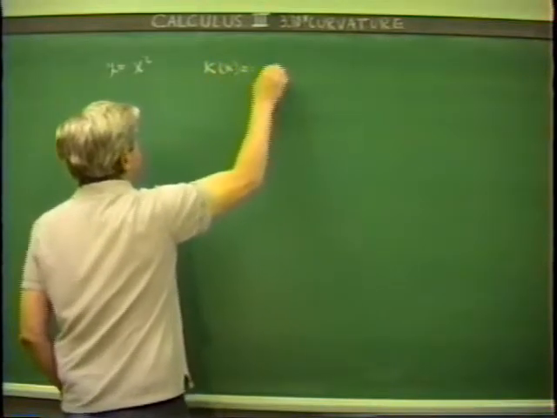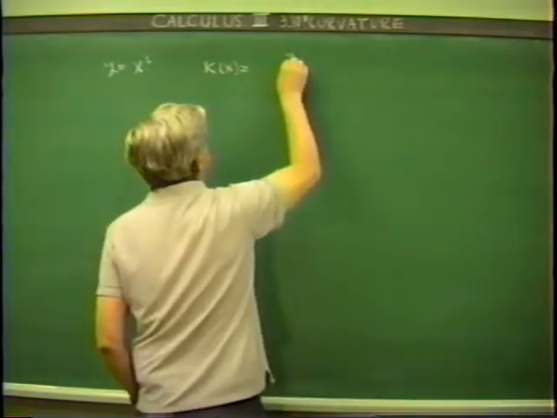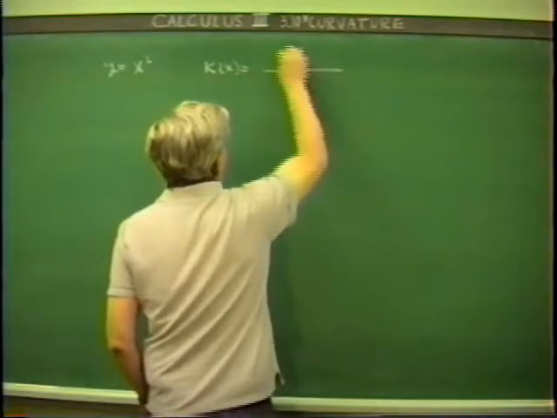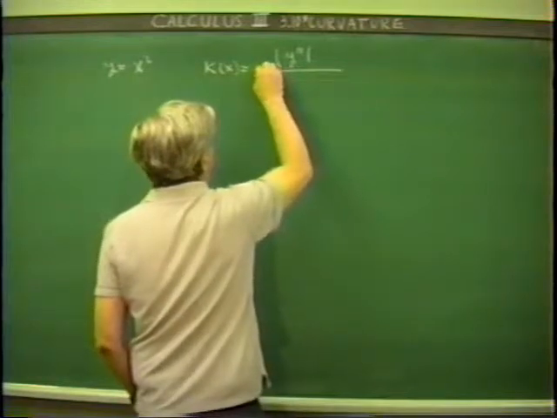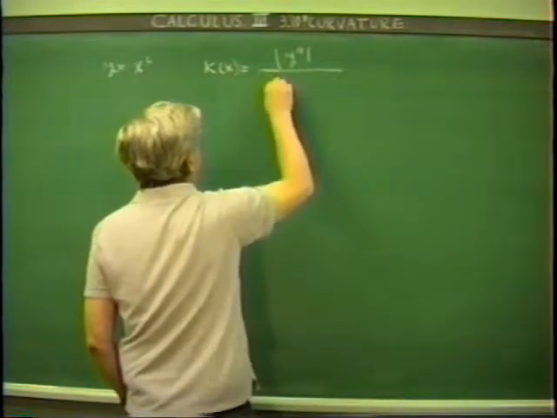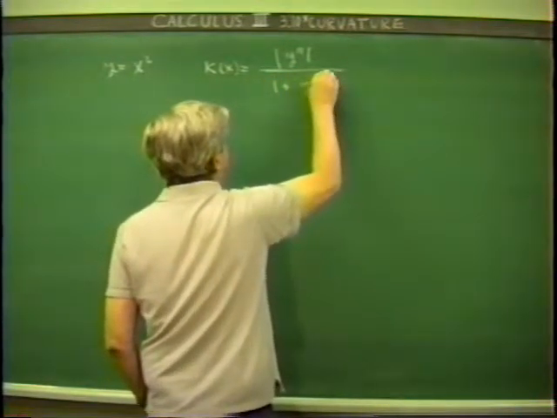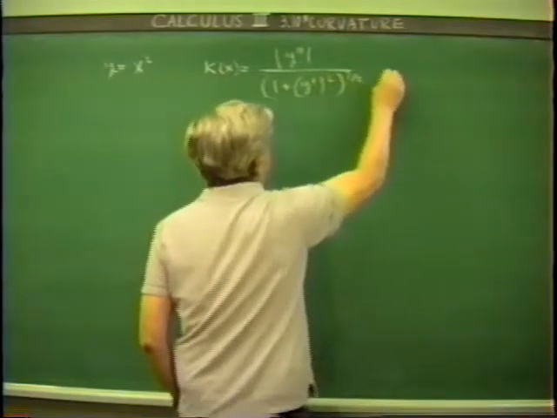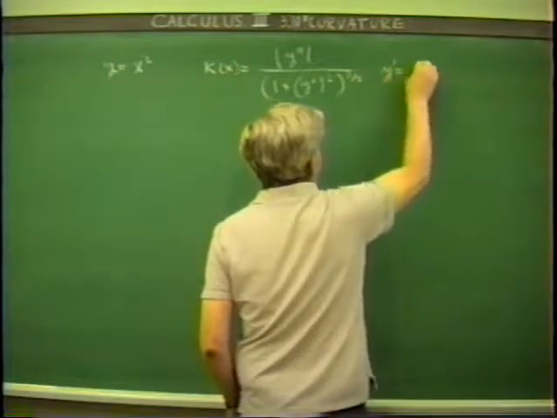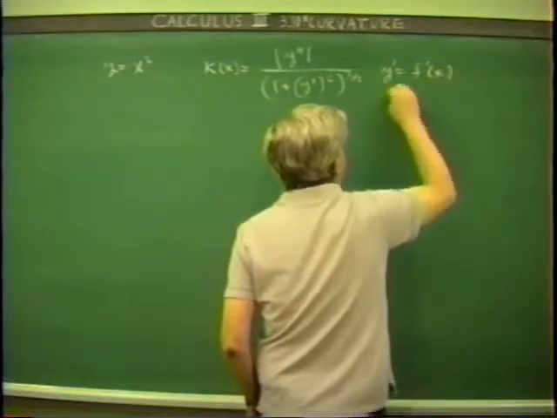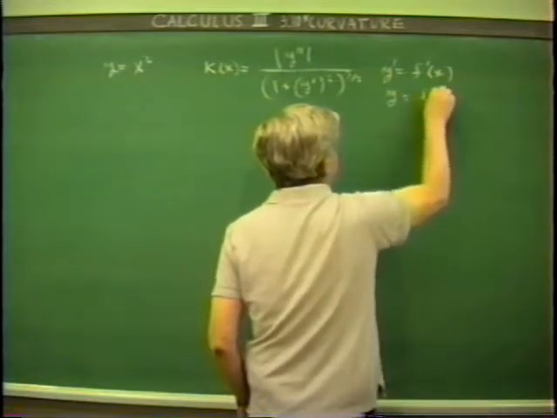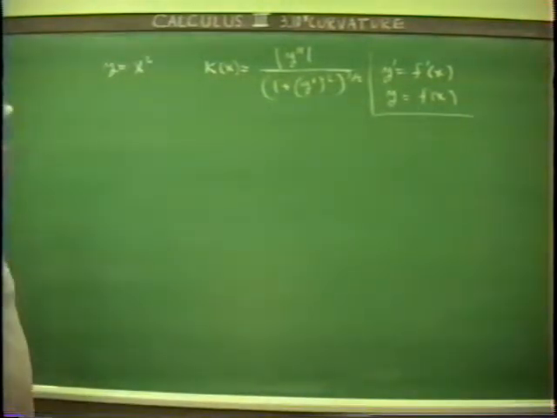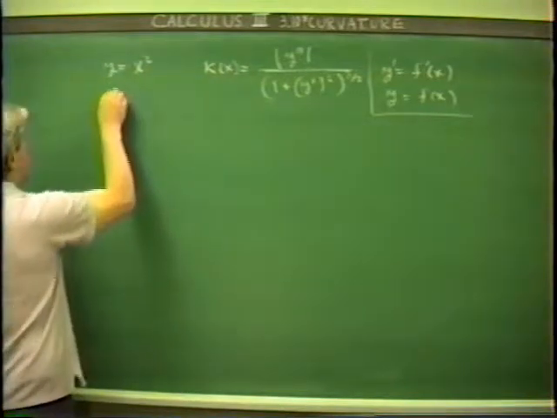Then the curvature, kappa of x, for y equal to a function of x, is the magnitude of y double prime over 1 plus y prime squared to the 3/2 power, where y prime is f prime of x, and y is f of x.